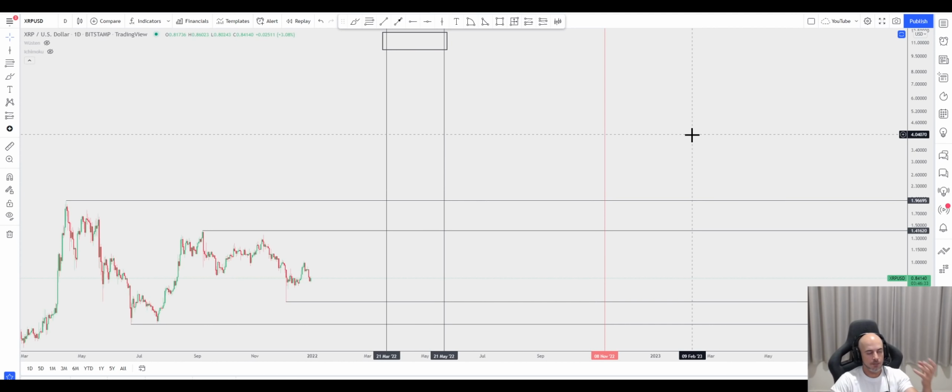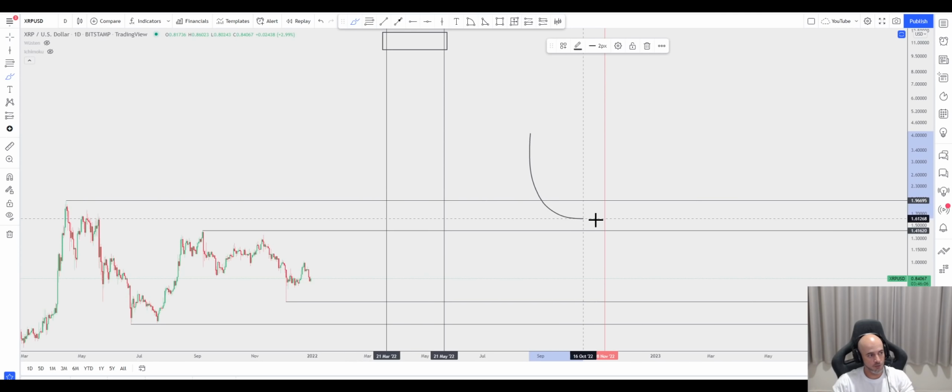Firstly, it is a bottom reversal structure, which means it happens at bottoms, not above, not in the midway, but below. Okay, XRP already had its bottom reversal structure, so the chances of having a cup and handle are very, very little. Doesn't make any sense. Also, a cup and handle structure has what?